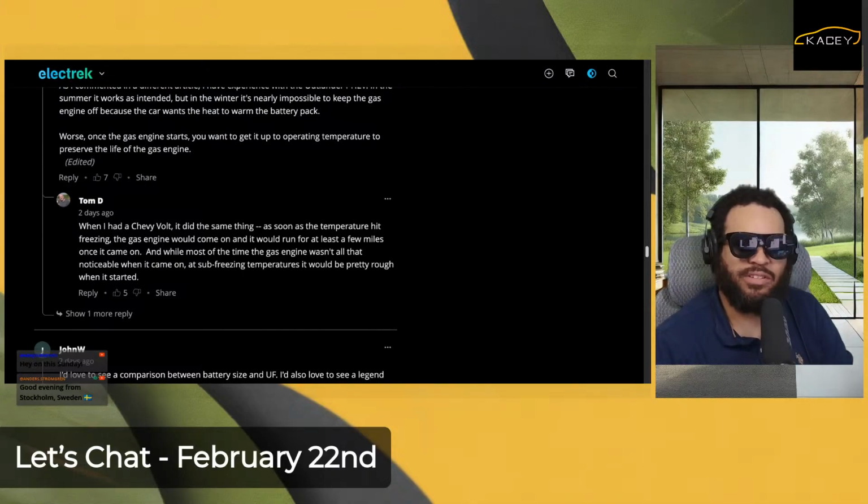It was just disconcerting because it wasn't putting anything of what it was doing back into the battery pack. It was just wasting it. And so you had a vibration and a gyration effect going on while it was still being an EV.